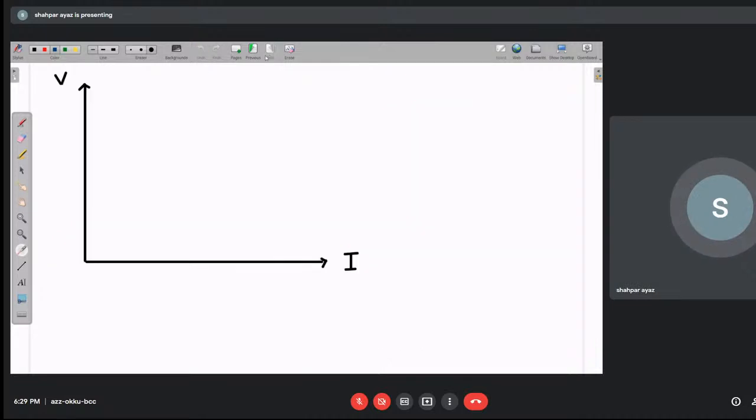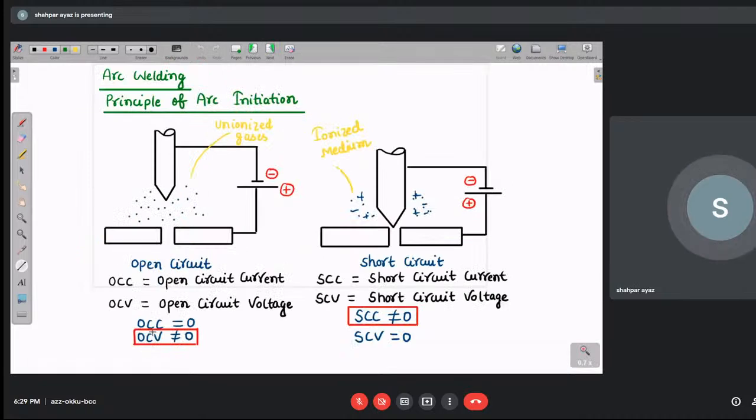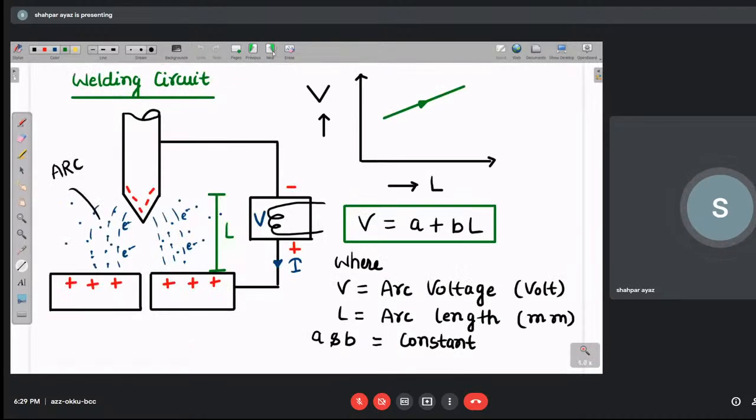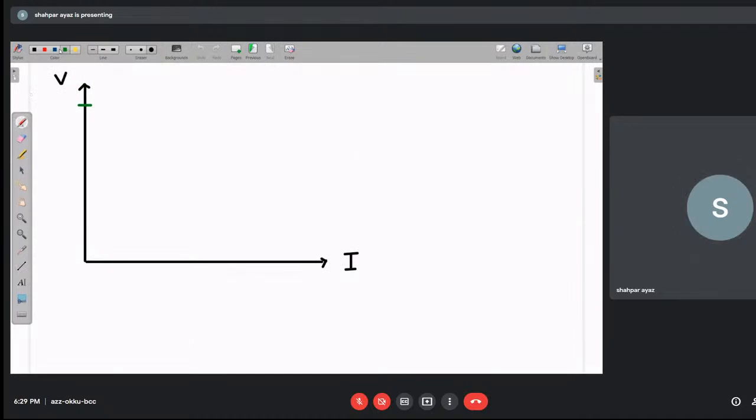You can see, my dear, the maximum voltage in any cycle is the voltage when the circuit is open. Open circuit voltage is the maximum voltage in any cycle. This is your OCV. And the maximum current in any cycle is your SCC, whenever short circuit takes place.